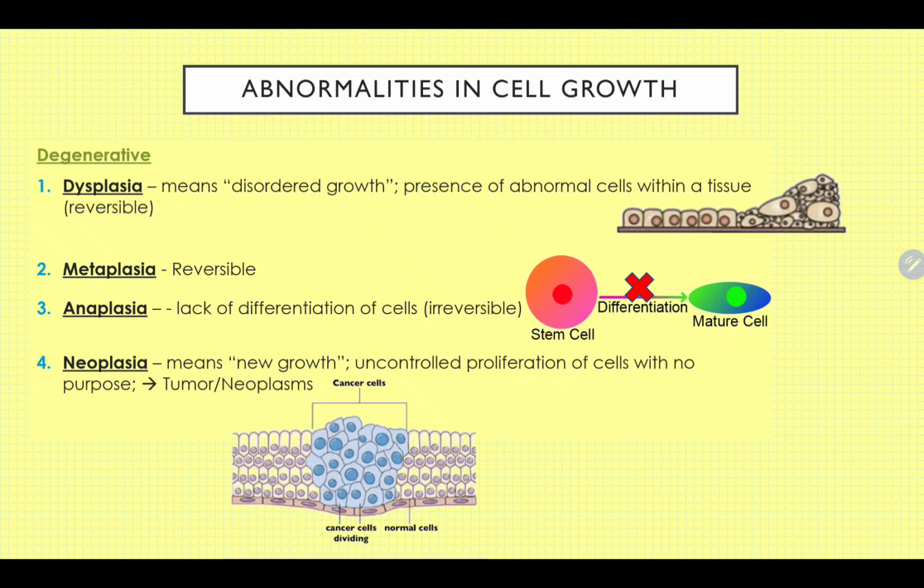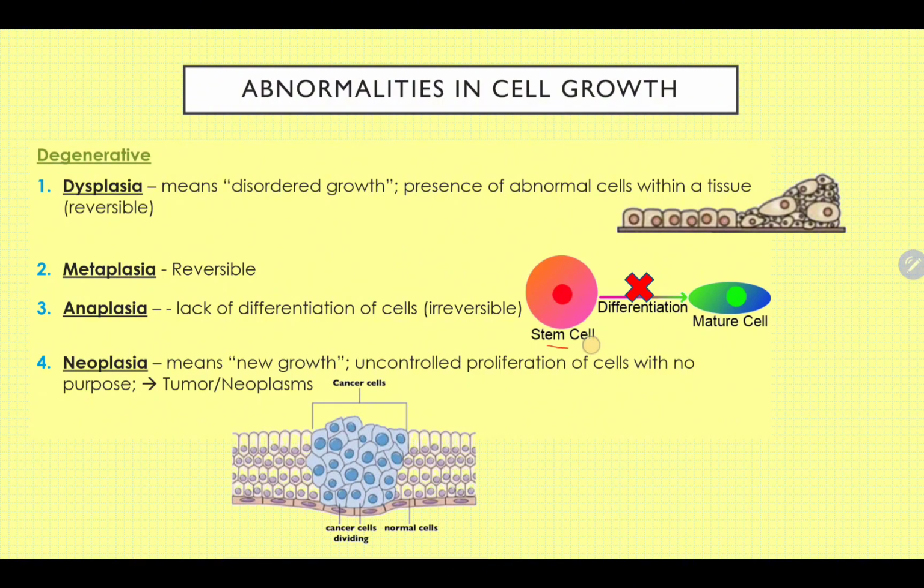For the anaplasia, there is a lack of differentiation of cells, no? So these are irreversible. Example po ng ating tawag yan, anaplasia po, is during the time po ng ating embryonic development, di ba?